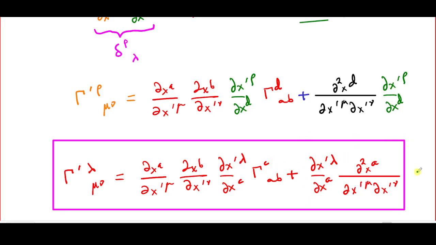The additional piece that you have here ensures that the extra term that you get when a partial derivative transforms is cancelled out, and you end up with an actual tensorial transformation rule. Now, once again, let me also emphasize that because of the presence of this term, even if all the gammas were to vanish in one coordinate system, they may not vanish in a different coordinate system. That, of course, is a sign of the fact that they are not tensorial.